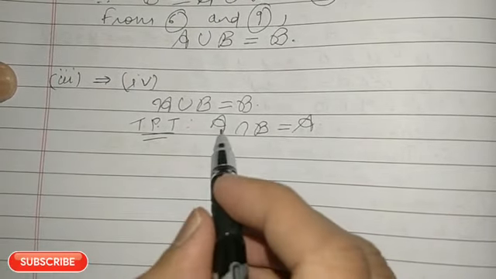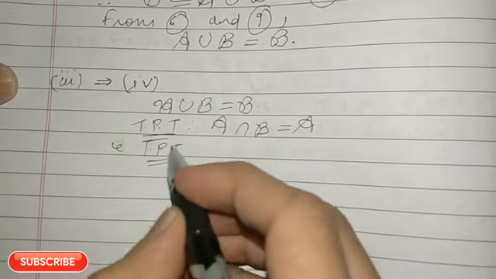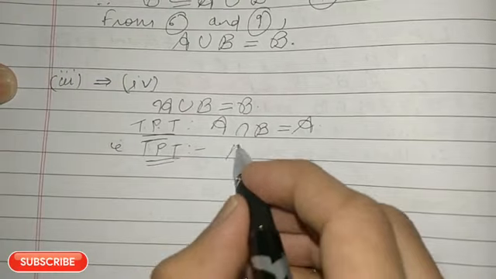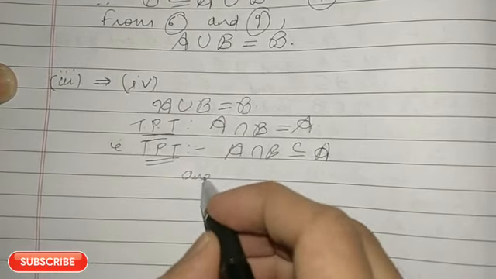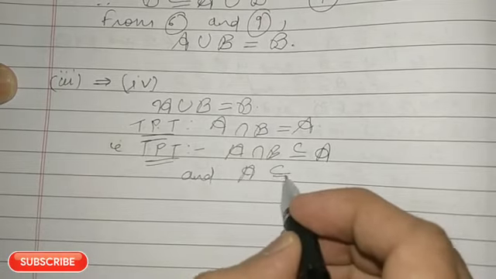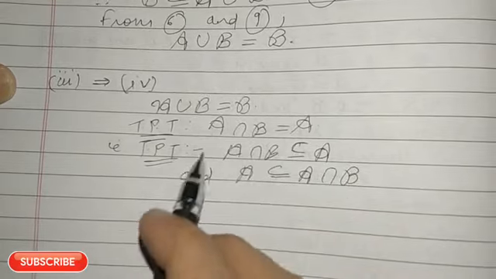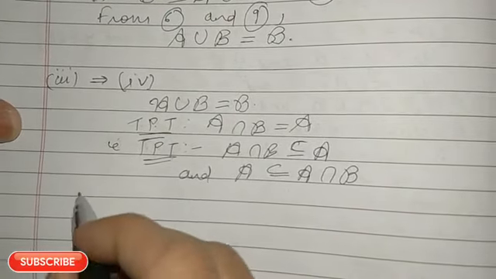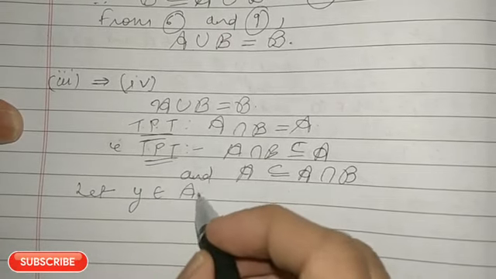Okay, now what you have to prove is A intersection B is a subset of A and A is a subset of A intersection B, right? Both ways you have to prove, so that you get A intersection B is equal to A. Okay, now again you consider any element Y belonging to the set A intersection B here.